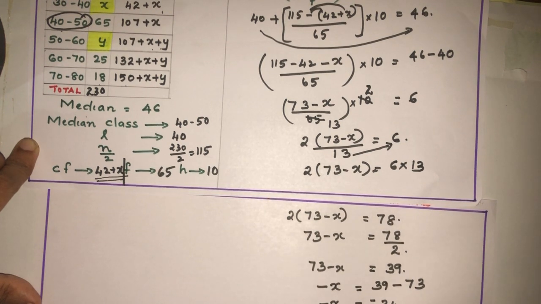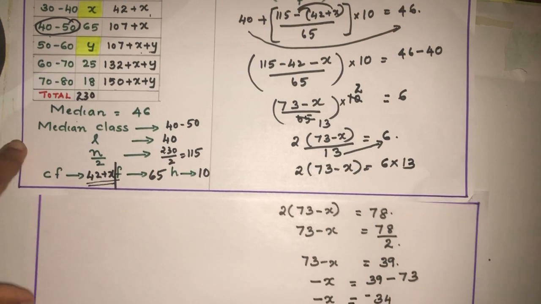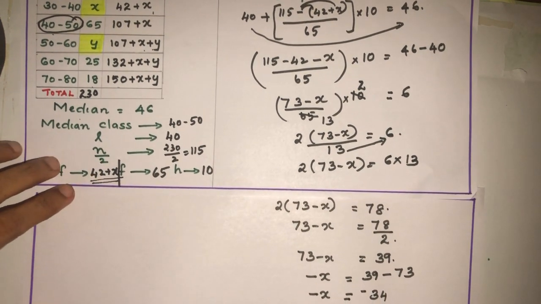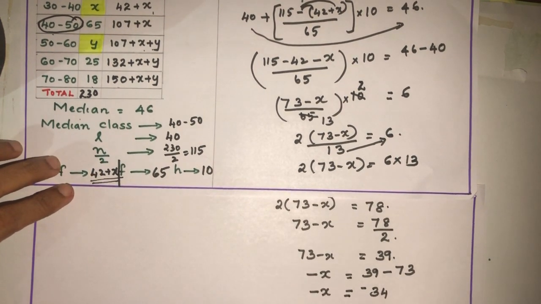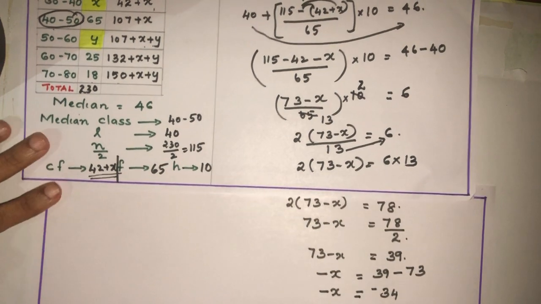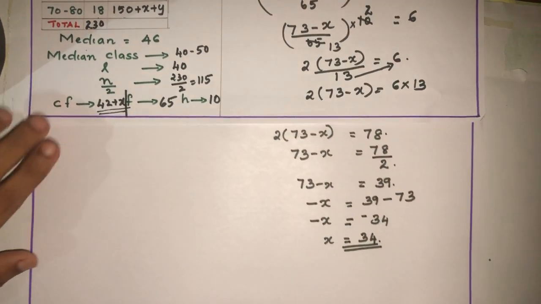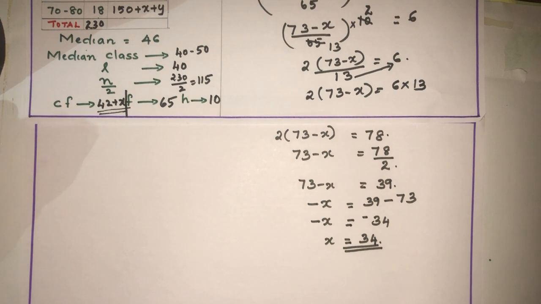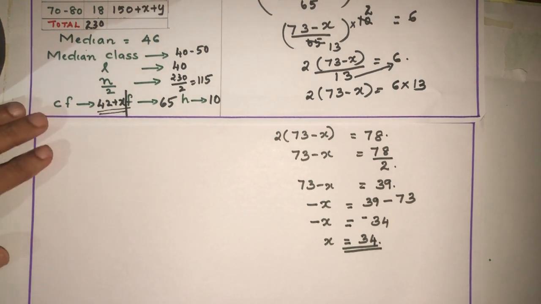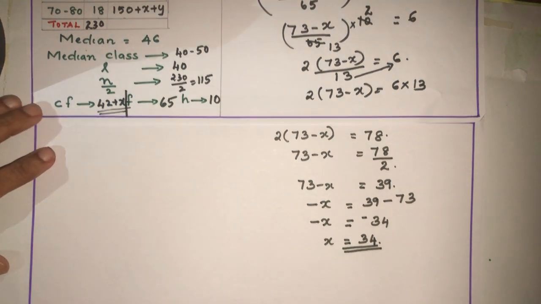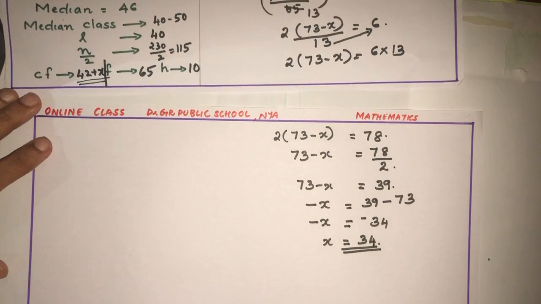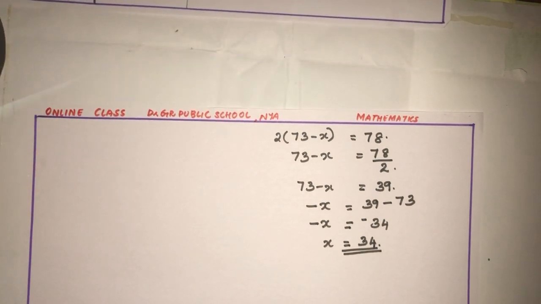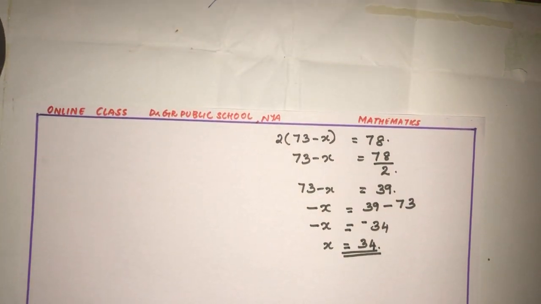It is 34. So we got one missing value, x as 34. Now we have one more missing frequency, y. Now how to find out that y? For that we are taking the total frequency.